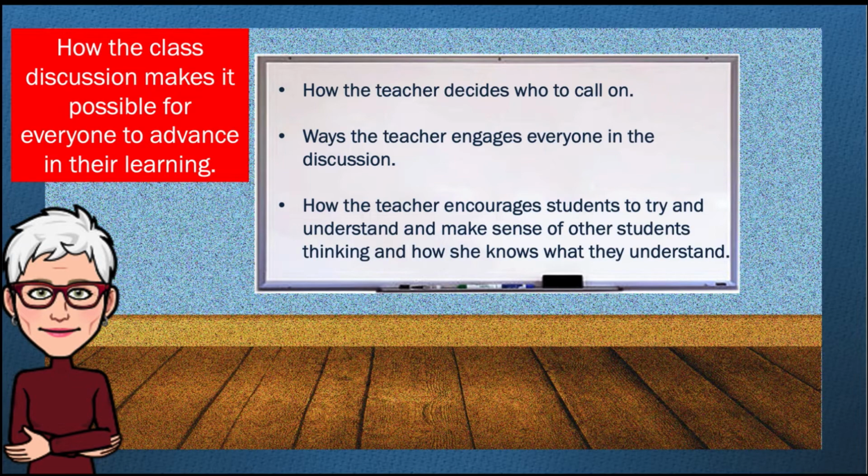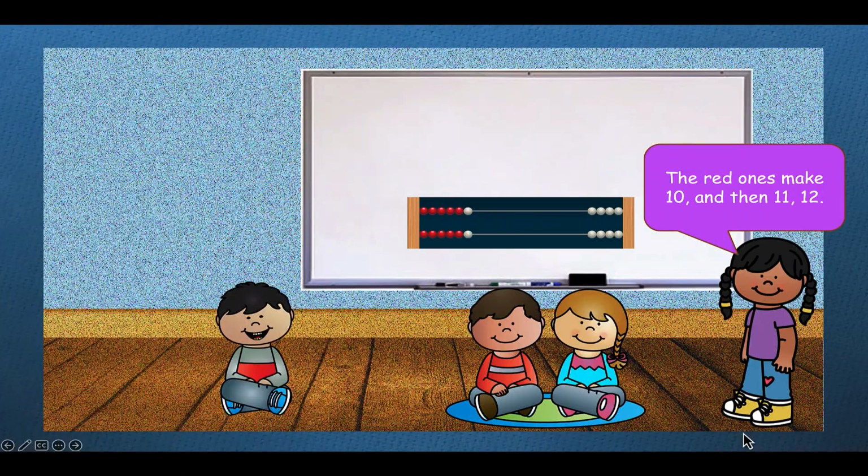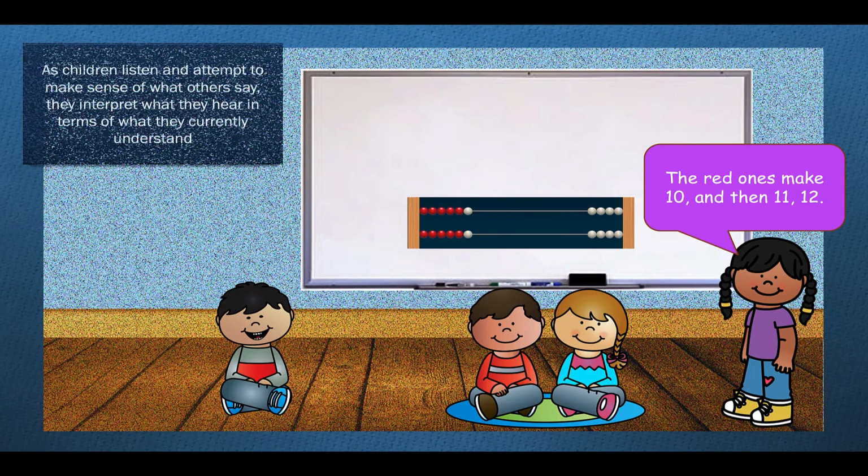We have not pointed to any one excerpt from the dialogue that demonstrates how the class discussion makes it possible for everyone to advance in their learning. The teacher techniques that contribute to that are those that help to establish that students are expected to listen to each other and attempt to make sense of each other's thinking. Here's what I mean. As students listen to each other and attempt to make sense of what others say, they inevitably interpret what they hear in terms of what they currently understand.